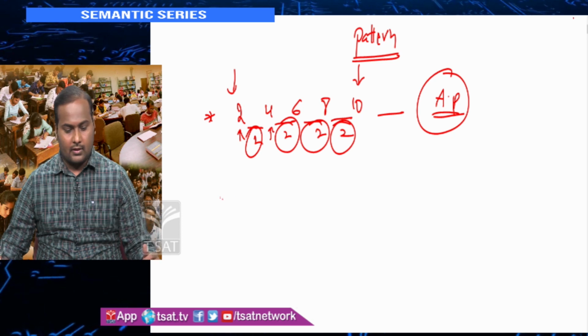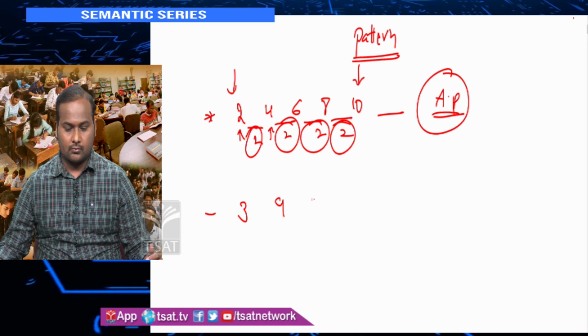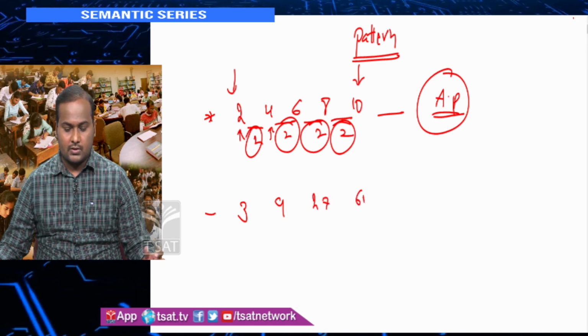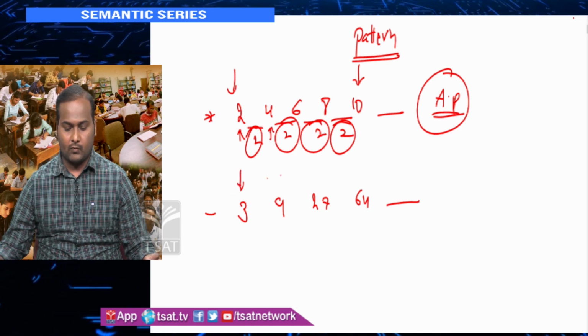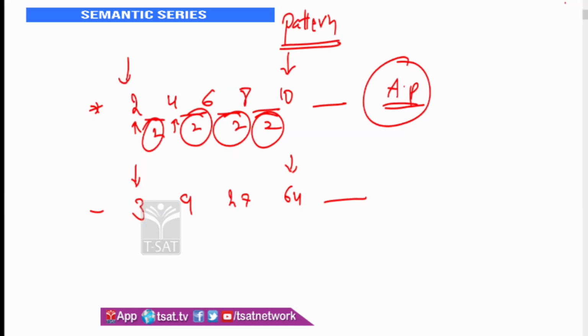For example, if some other series is like 3, 9, 27, 64, and it asks for the next one, the first number is 3 and the last number is 64. There is a huge increase from 3 to 64. Whenever we get such a big increase, obviously it is multiplication.